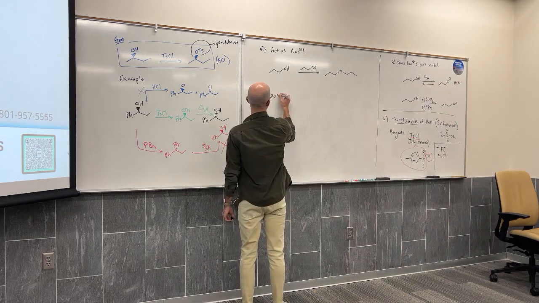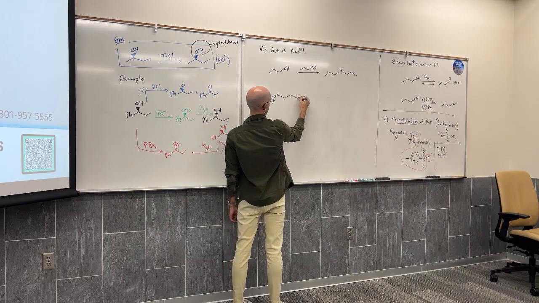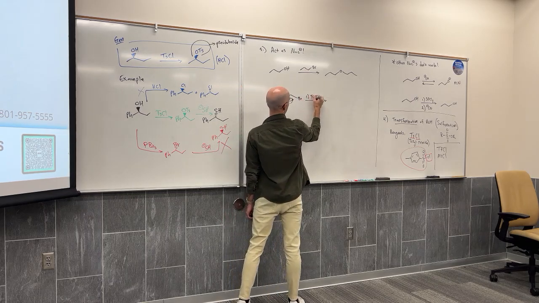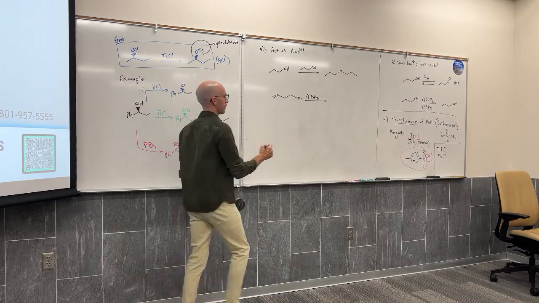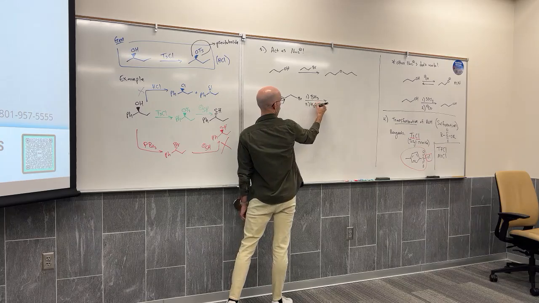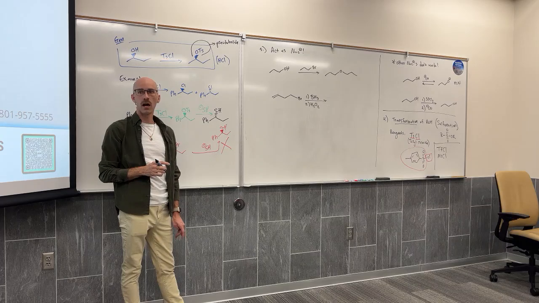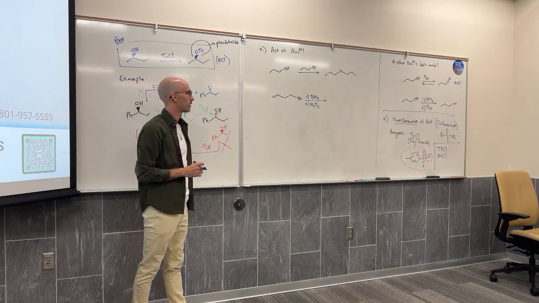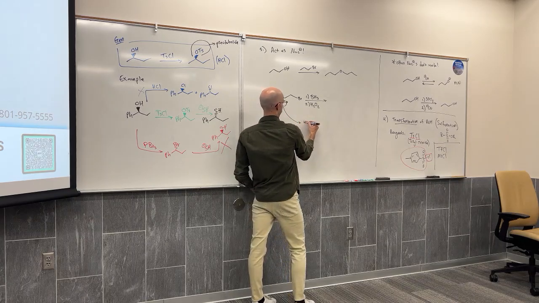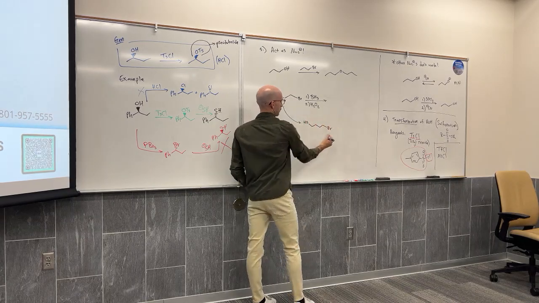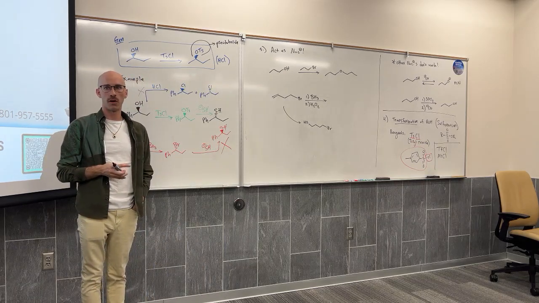Or here's another idea. Here I have 4-bromo-1-butene and I'm putting it through hydroboration oxidation. At first, this gives me 4-bromo-1-butanol.